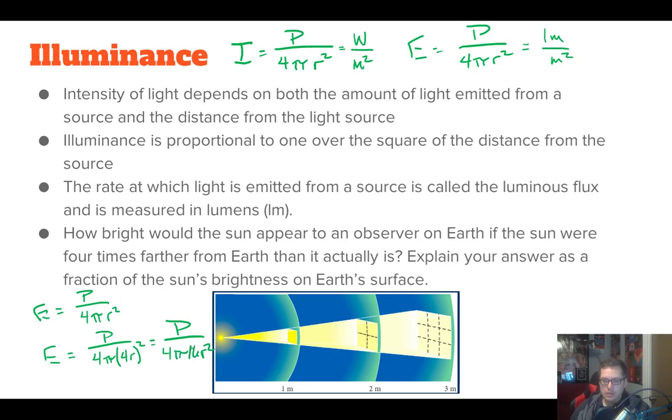So notice between these two things, we've got a 16 right there. So the brightness of the sun would be 1/16 of what it is from where we are right now. We weren't given that value, but we just know it would be 1/16 as illuminated.